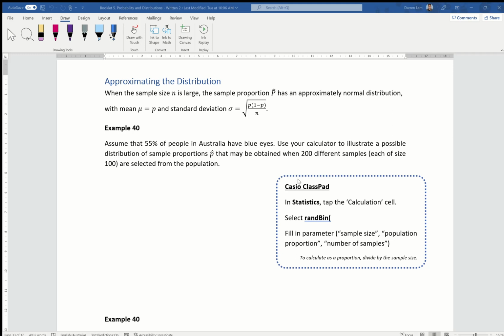The population proportion is 0.55. Keep in mind that's the population proportion. We don't know the sample proportion, because the sample proportion is specifically out of the 100 people we select, whereas the population proportion is out of the whole thing, which we know is 55%. And finally, the number of samples is going to be 200.